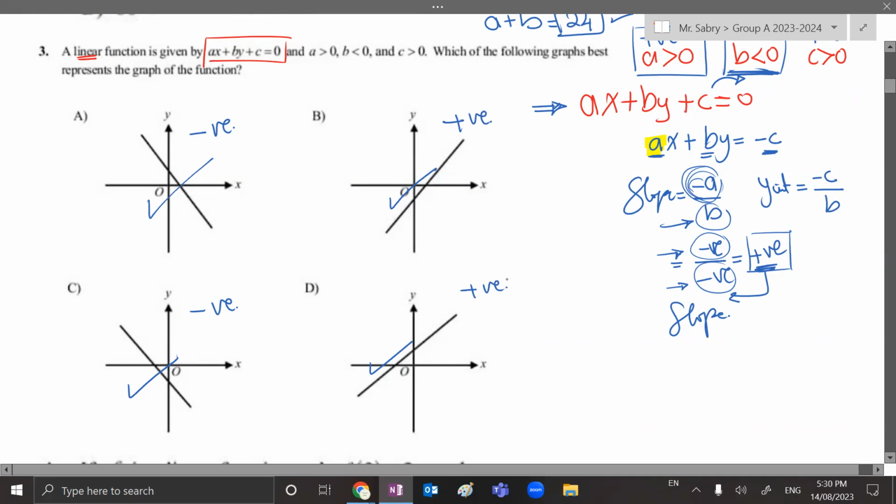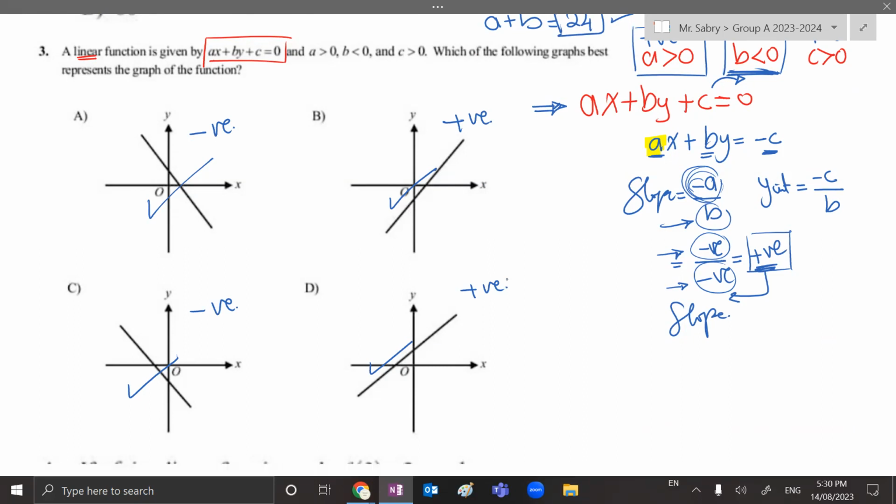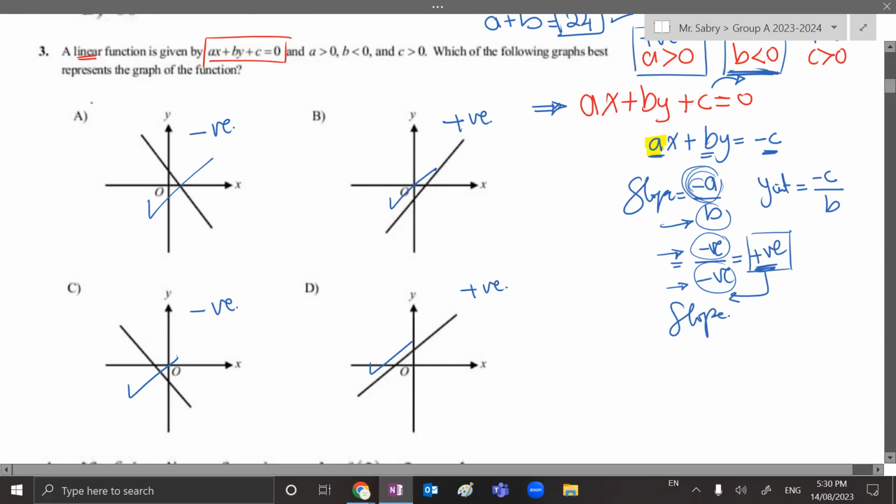Any graph, as long as we're reading it from left to right, as long as it's going up, it's a positive graph. So, which means I excluded choice A and choice C now. The difference between B and D is in the y-intercept. Here, the y-intercept is a negative number.